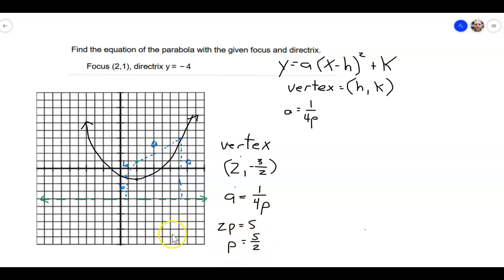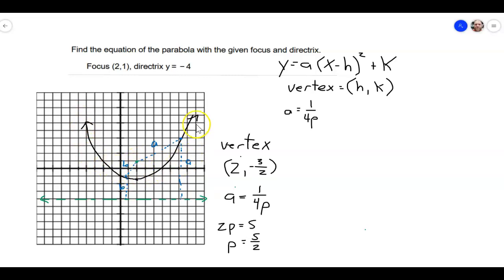So that's one way to figure out the p. Just set it like that. Or, since I already know what the vertex is, I could also just do it straight from there. I could do 1 minus -3/2, and you'll also get 5/2 like that as well, since we know that if you just subtract that. Now remember, p can be positive or negative. So we always have to start with the focus and go this way.